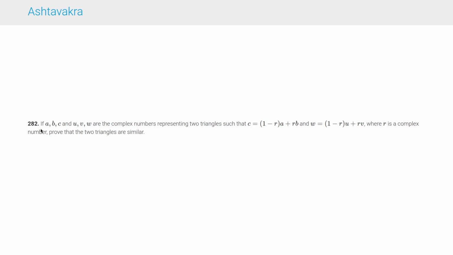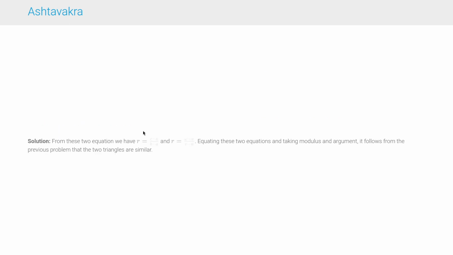Question 282 says that if A, B, C and U, V, W are the complex numbers representing two triangles such that C is equal to (1 minus r) into A plus rB and W is equal to (1 minus r) into U plus rV, where r is a complex number, prove that the two triangles are similar.